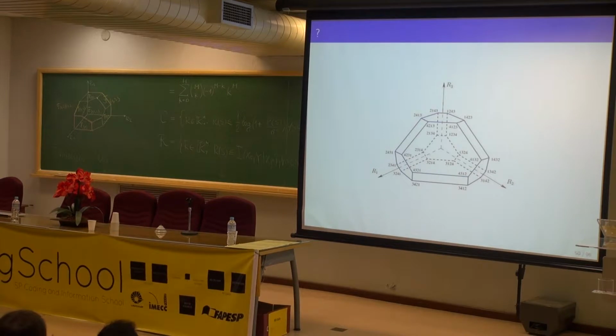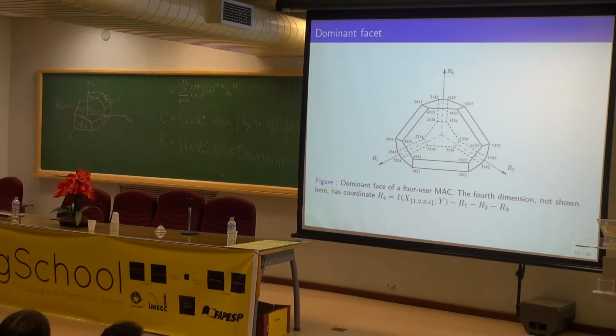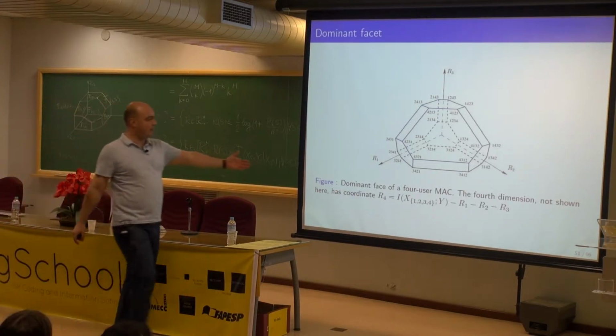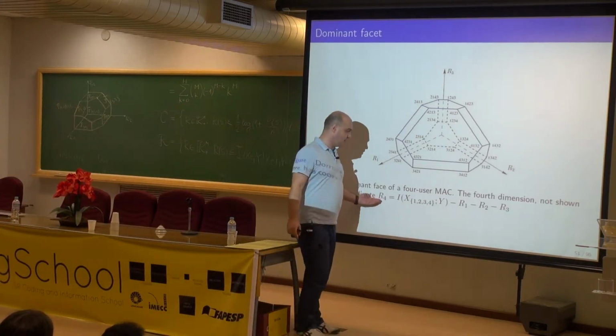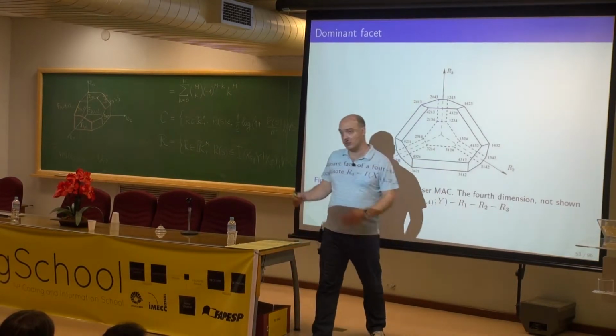It's probably the dominant face of 4D. The dominant face in 4D, exactly. It's actually for the case when the rate is maximum. So we have the coordinate of the fourth user equal to this maximum mutual information minus the 3. So it's that.